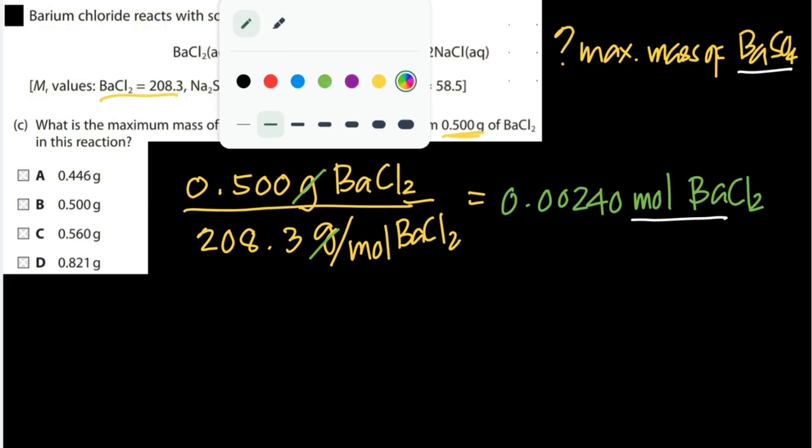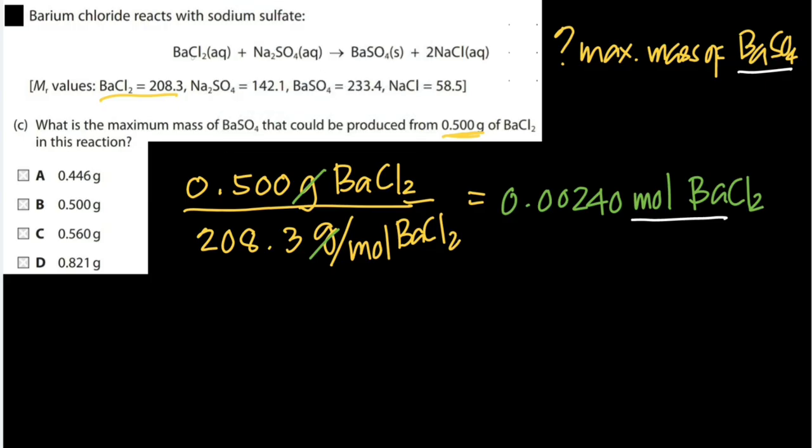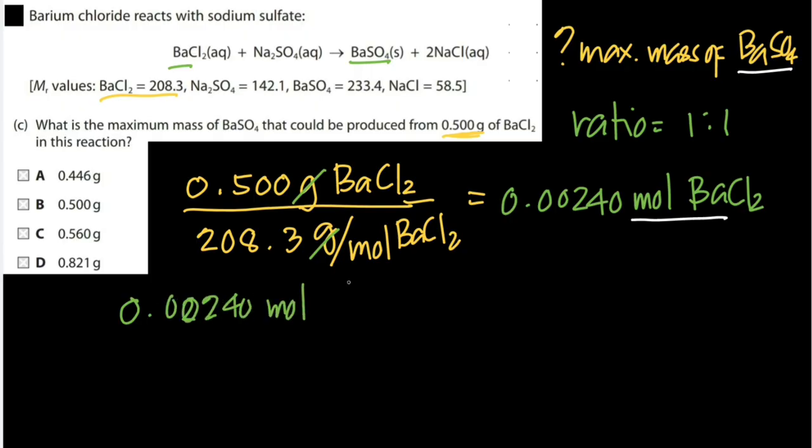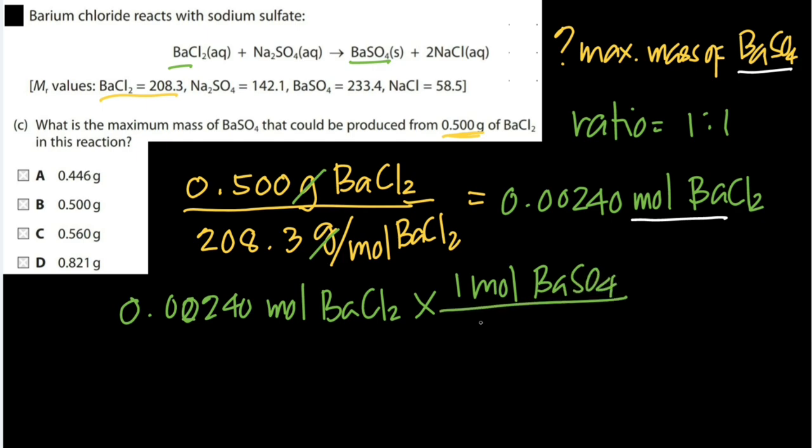Okay, let's check the chemical reaction here for barium chloride and barium sulfate. So the ratio is just 1:1. Okay, 1 mole of barium chloride is to 1 mole of barium sulfate. So we can just do this: 0.00240 mole barium chloride times 1 mole of barium sulfate per 1 mole of barium chloride.